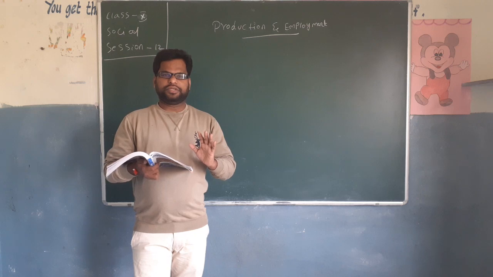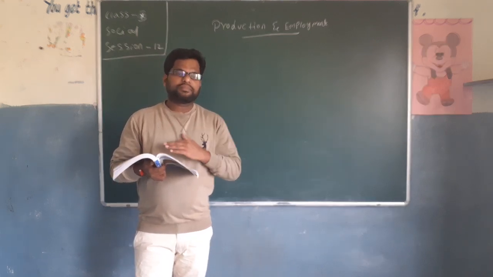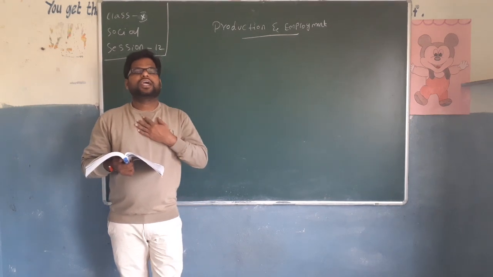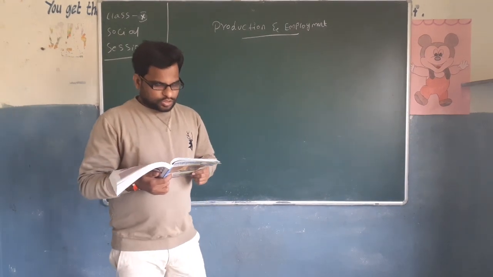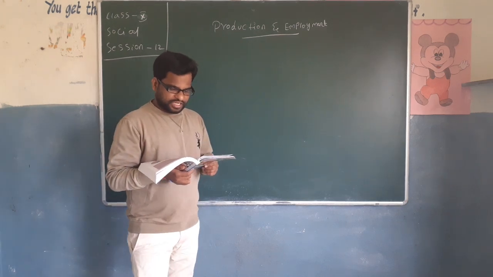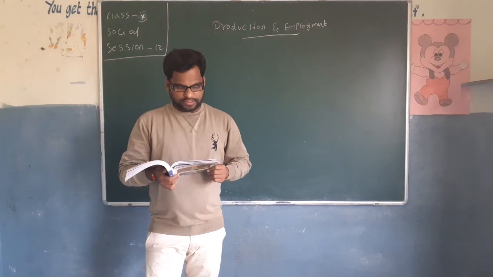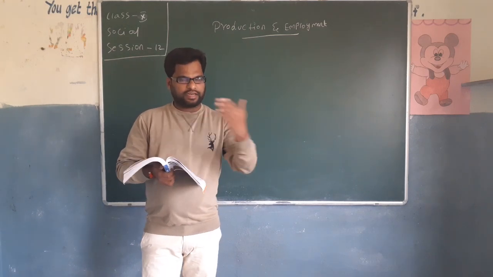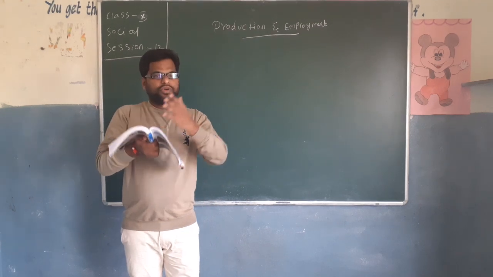How many goods we produced, how many services we gave, and how many employment opportunities came from them, we will discuss now. So far we have known the size of GDP has increased over the years as more and more goods and services are produced. In the last class, till the last topic, we discussed how GDP is increasing.